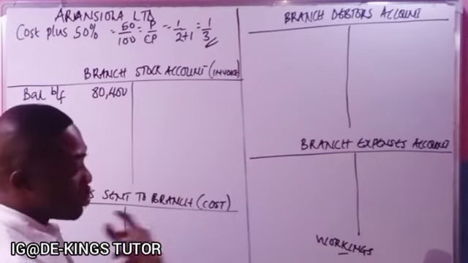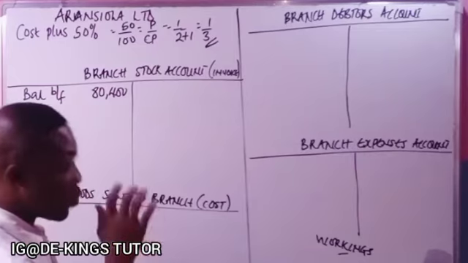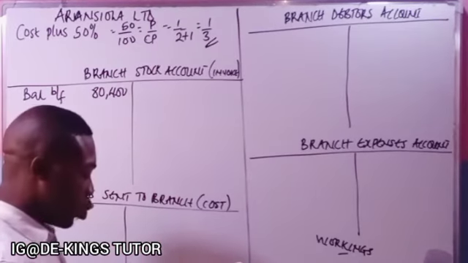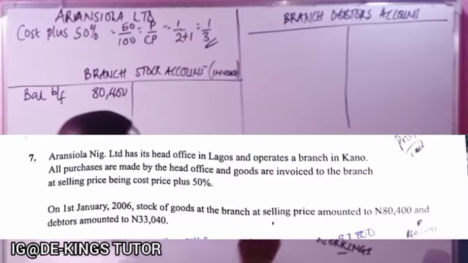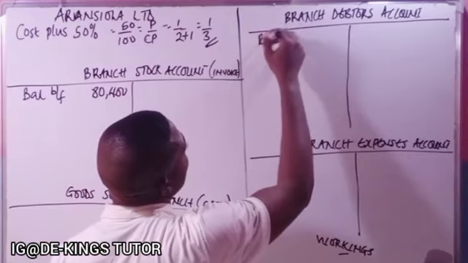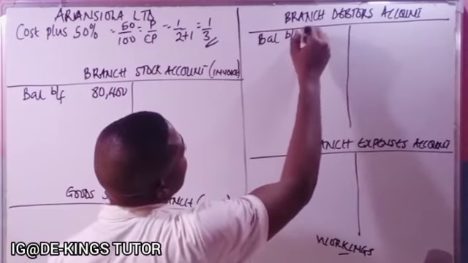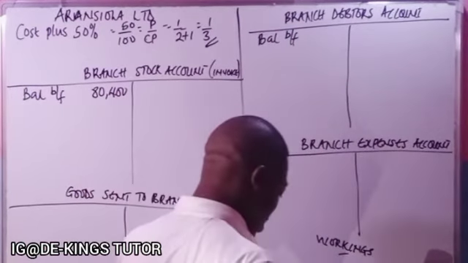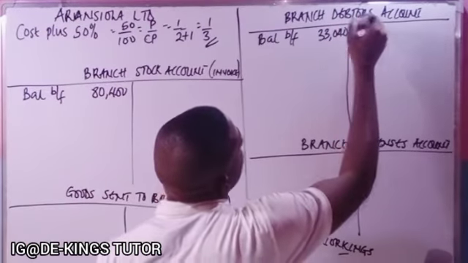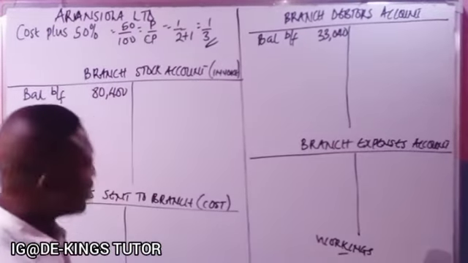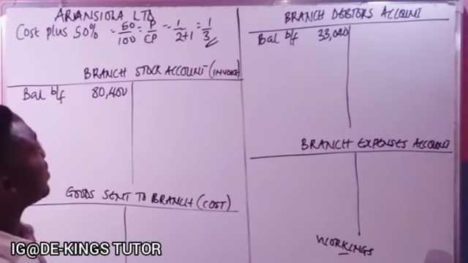But it was not required to be prepared here, so we'll just focus on what we're required to do. The next one said debtors amounted to 33,040. Remember I told you debtors can also be given as an opening balance at the beginning.